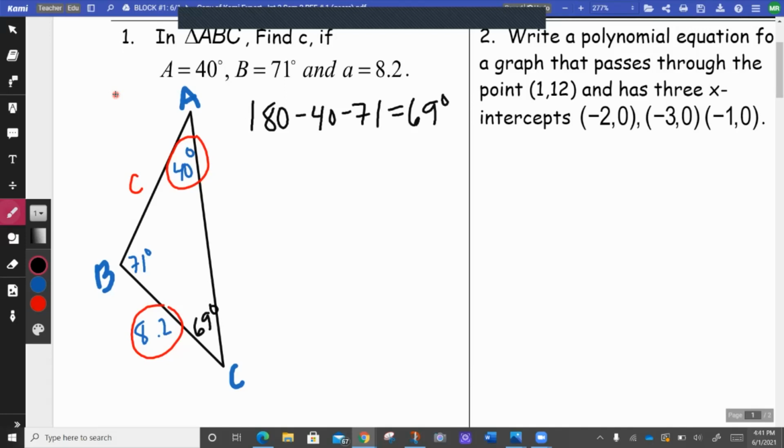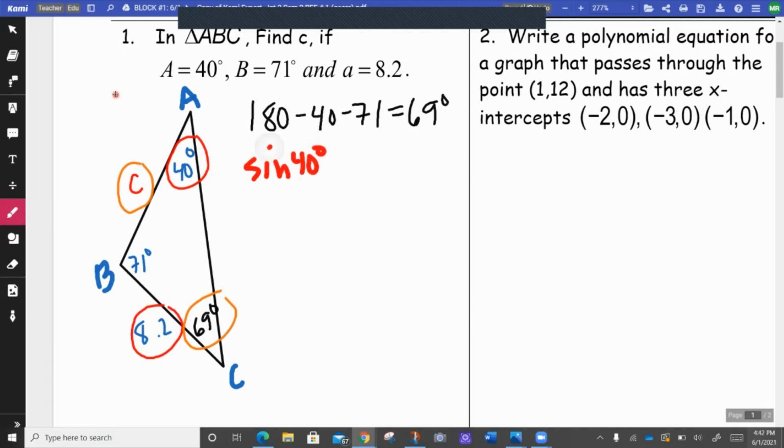So now, if I want to find little c, and I know angle C, I'm going to use law of sines. So law of sines basically is I am going to take sine of 40 degrees over the side opposite it, which is 8.2, sine of 69 degrees, and then the side opposite that, which is C. I'm going to cross multiply and solve.